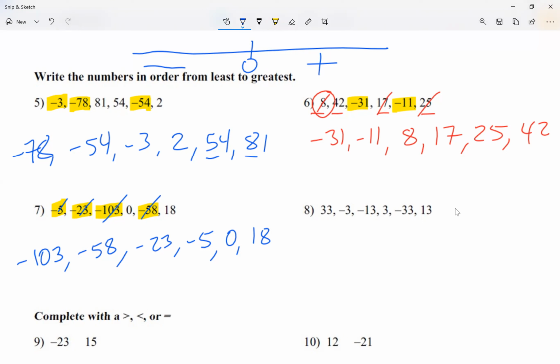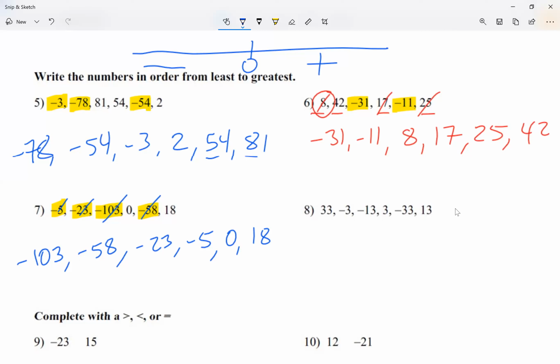Sometimes we have to write it because it is in the list, like in number 7, but sometimes we don't have the 0 on the list, so we don't have to worry about that. But again, 0 is the number in between negatives and positives. 0 is the only number that we don't call positive and we don't call negative. There's no such thing as a negative 0, and there's no such thing as a positive 0. 0 is just 0. It's not negative, it's not positive.